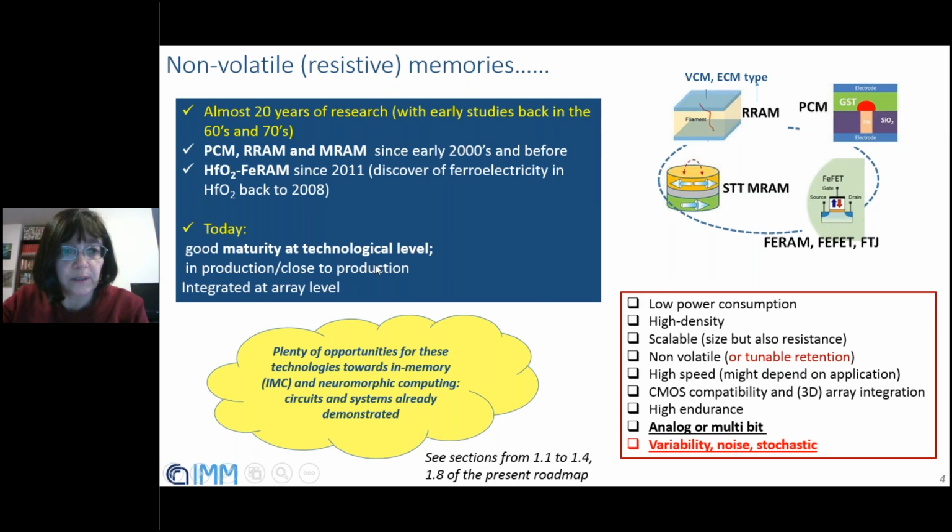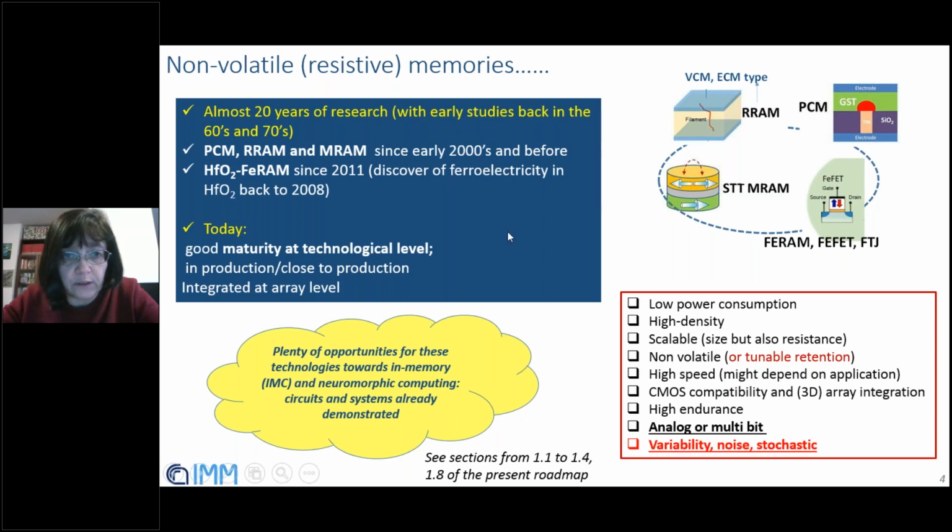Thanks to their maturity, and most of them are already in production or close to production, there are really plenty of opportunities for this technology to be used for in-memory and neuromorphic computing. Indeed, thanks to their properties, most of them have already been exploited also for circuits and systems.